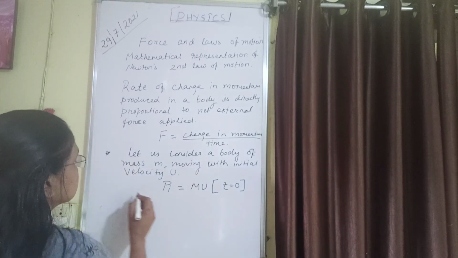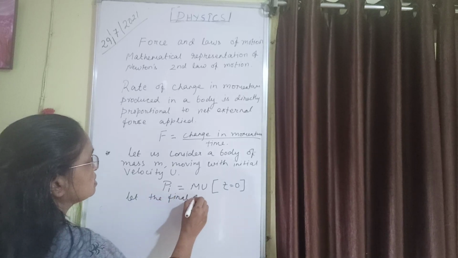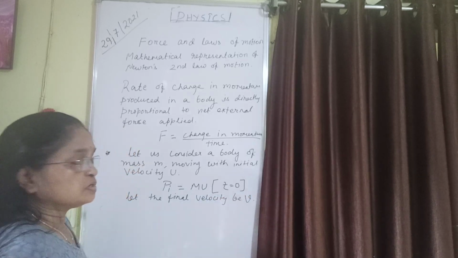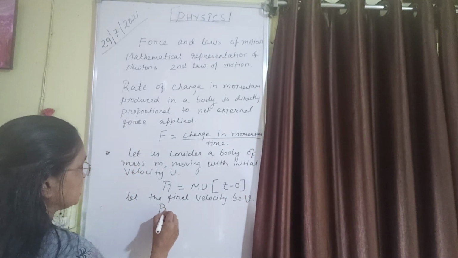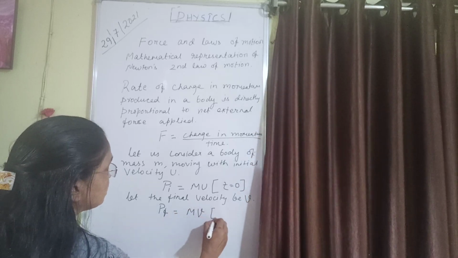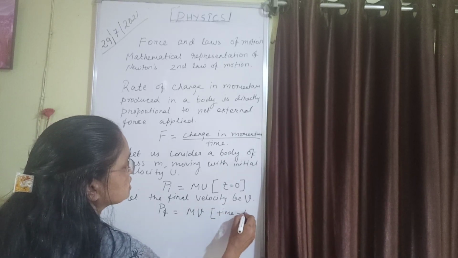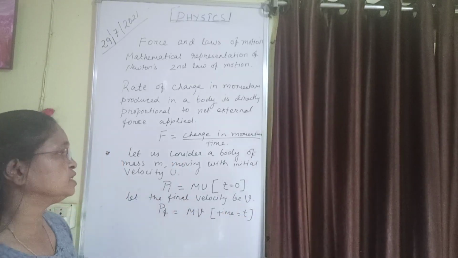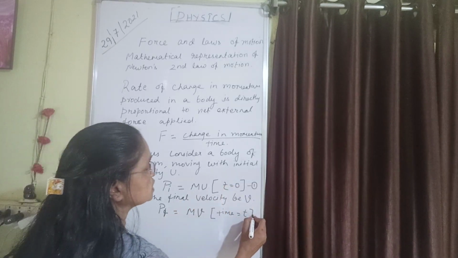So let the final velocity be v. Pf, the final momentum, is m into v, taken at a certain time t. So we have two equations, Pi is equal to mu and Pf is equal to mv.